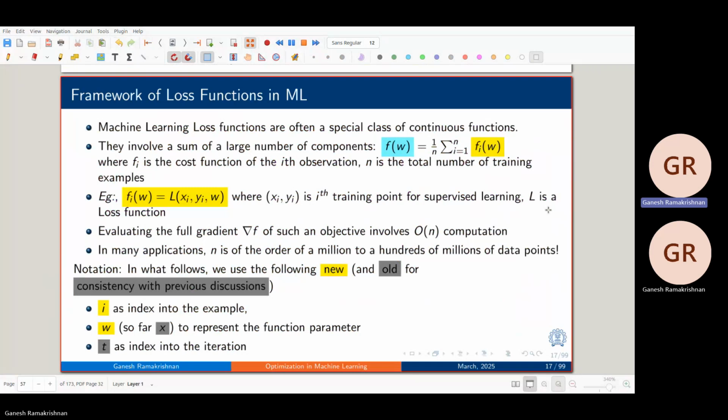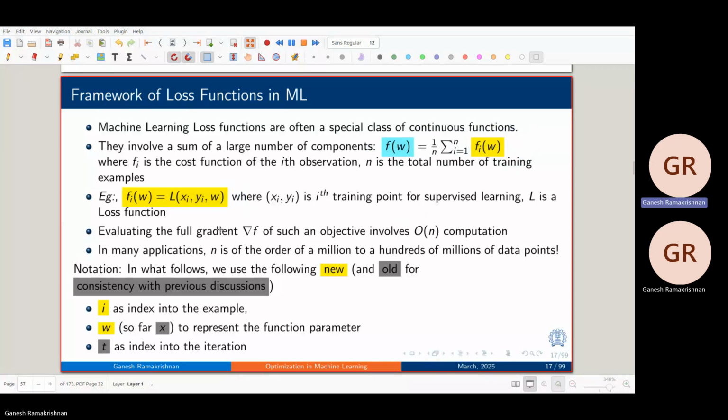So the key point here in our analysis is that the functions will always decompose into functions evaluated on individual points. So F(W) becomes a summation over i of f_i(W). And this f_i(W) itself is a loss on the (x_i, y_i) pair.